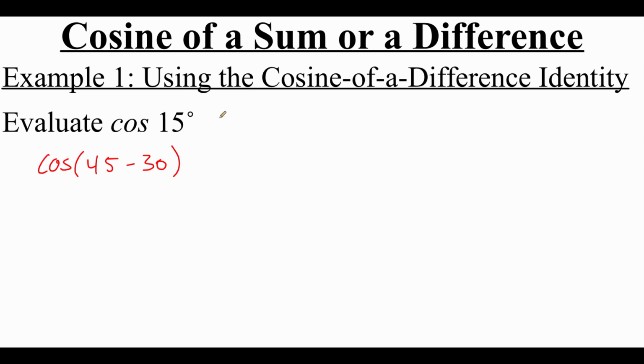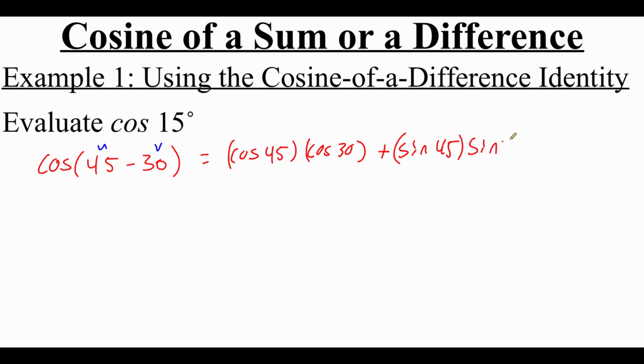So this is going to be our cosine of a difference identity. So in here, the 45 is going to be my u value, and the 30 is going to be my v value. So using that formula, we would do the cosine of 45 times the cosine of 30 plus the sine of 45 times the sine of 30.